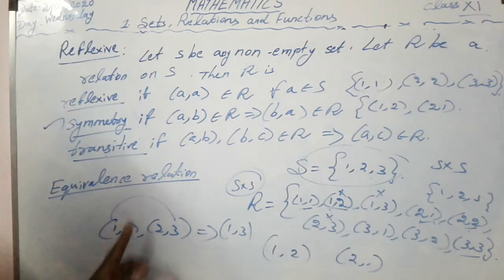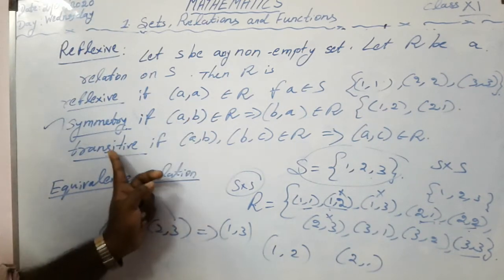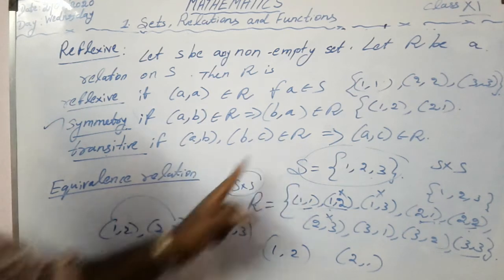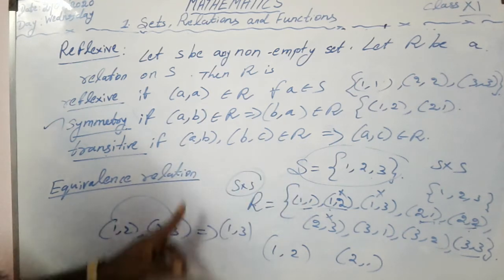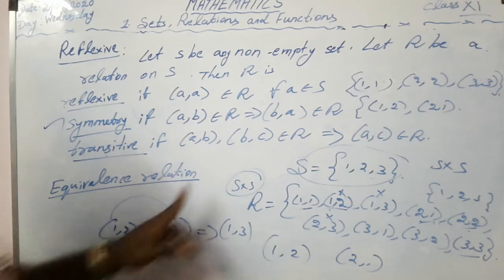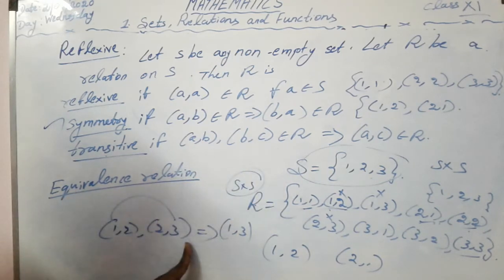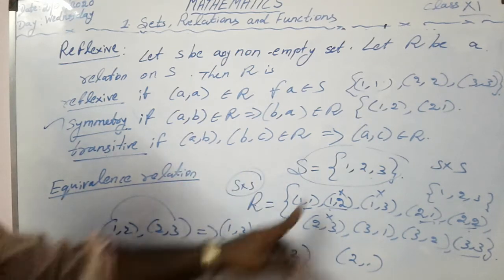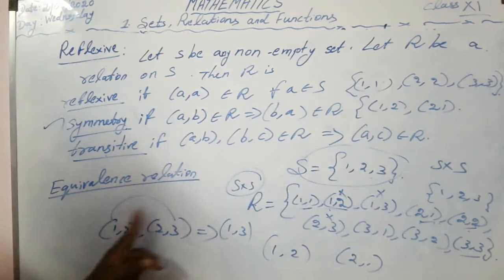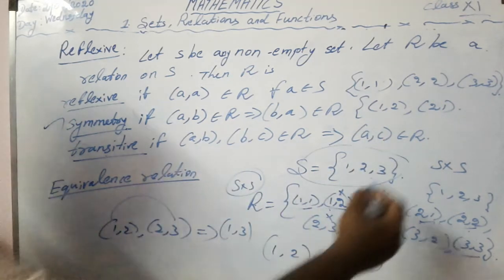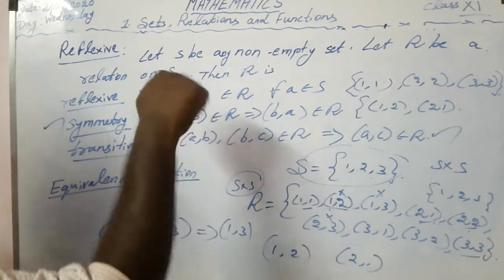So what is the condition? If (A, B) and (B, C), that is (1, 2) and (2, 3), then we have to get (A, C), that is (1, 3). Now understand the definition once again.